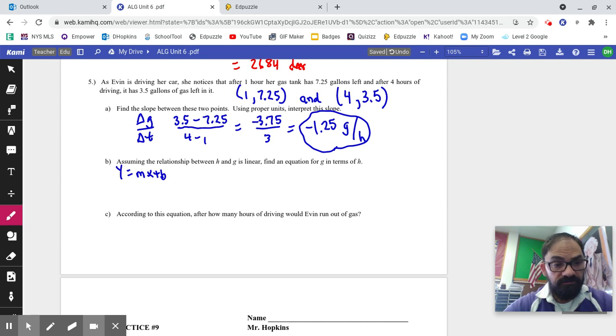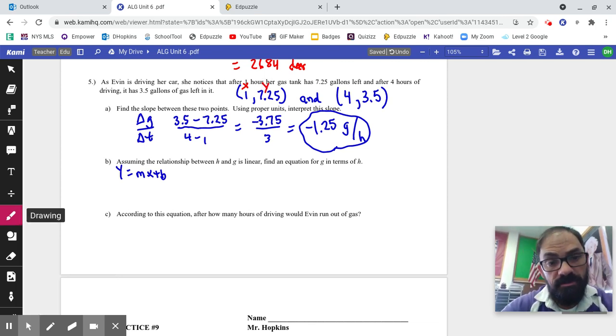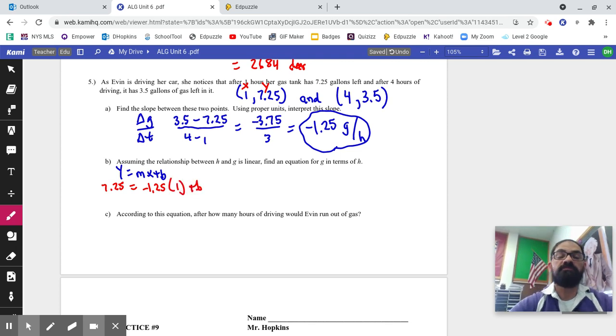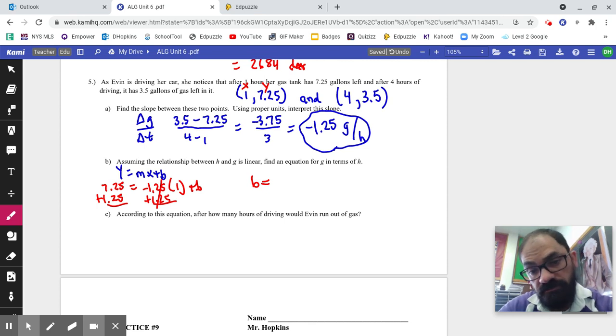So once again, plug one of these points in for x and y. 7.25 equals my slope, negative 1.25, times 1 plus b. Well, anything times 1 is itself, so that's negative 1.25 over here. So to get rid of it, let's add it. And I get b equals, let's see here, 8.5.